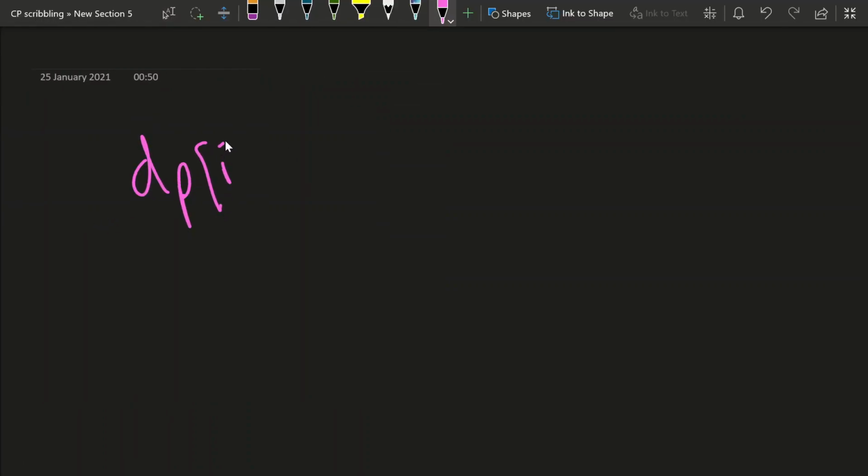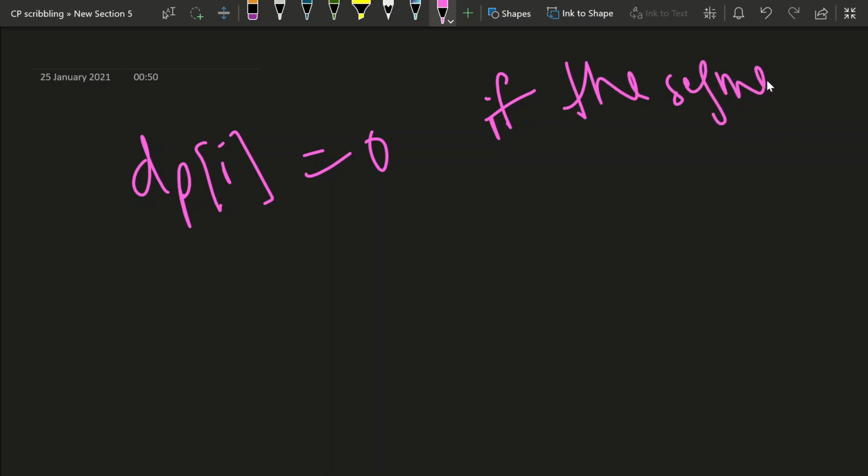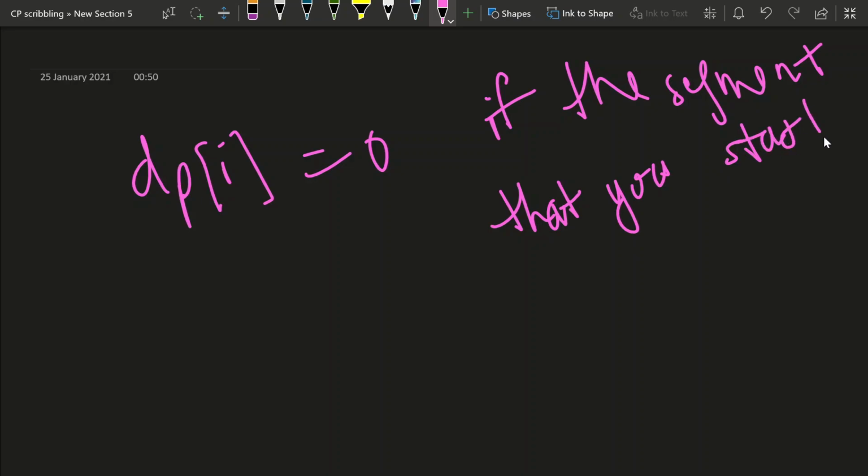So dp of i equals 0 if the segment that you start at i cannot be ended.